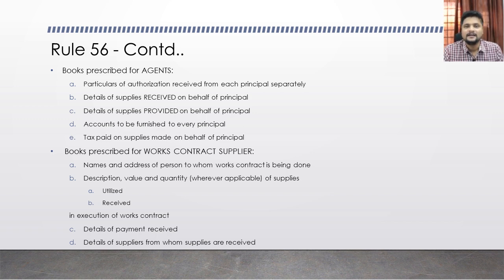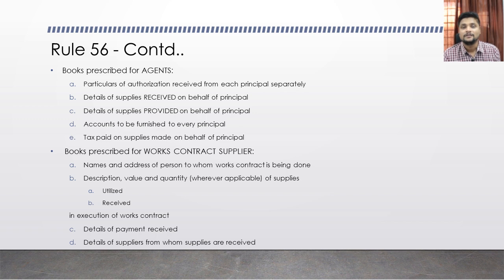The second is the description, value and quantity of the supplies that are utilized as well as received. For example, in order to provide the works contract service, the contractor has to purchase certain goods from some third party.